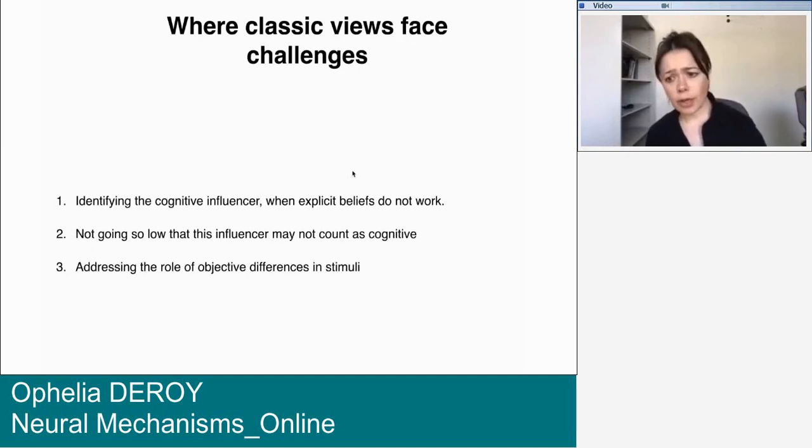Now, in the paper, I detail why I think that this classic content view of cognitive penetration, especially with this example, although it points in an interesting direction, by sticking to a very content-driven view of the debate still faces a series of challenges that are not easy to overcome.